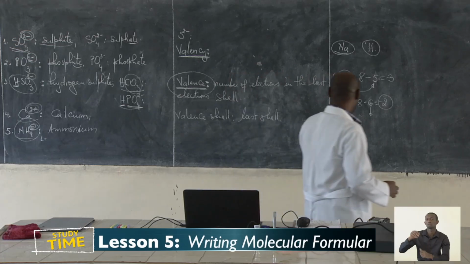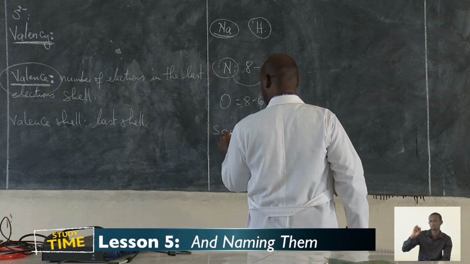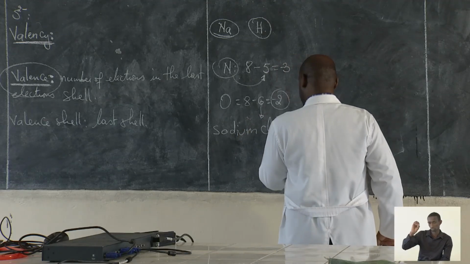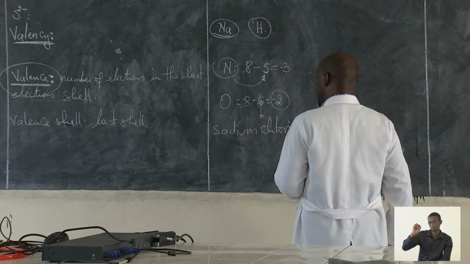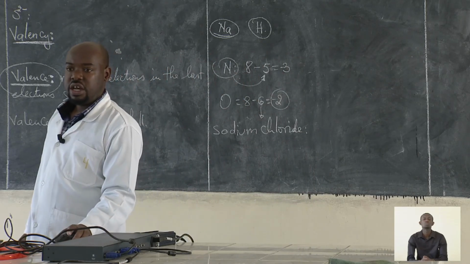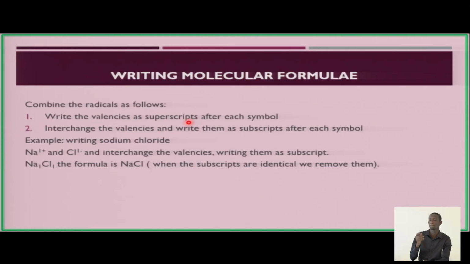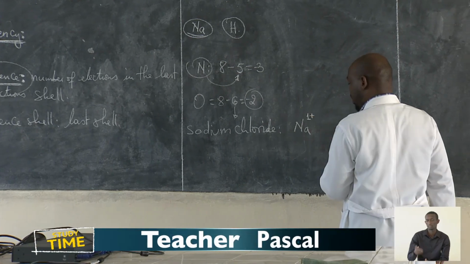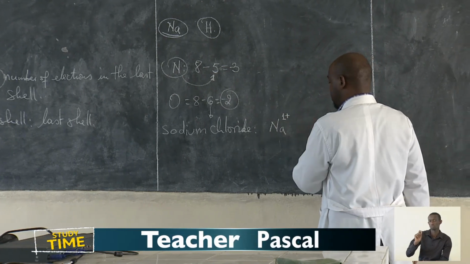Sodium chloride. Here there is sodium chloride, and on point number 1, it is said we write the valences as superscripts after each symbol. The symbol we have here is sodium with a valence of 1, and we write it as a superscript.